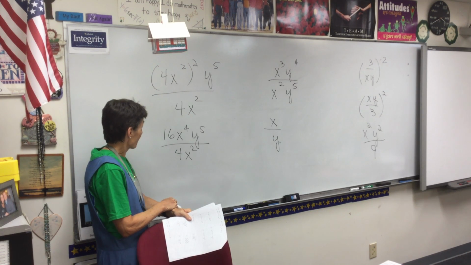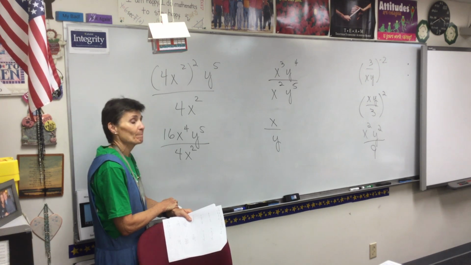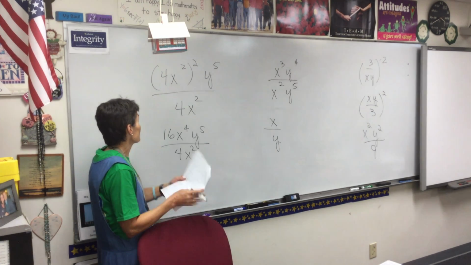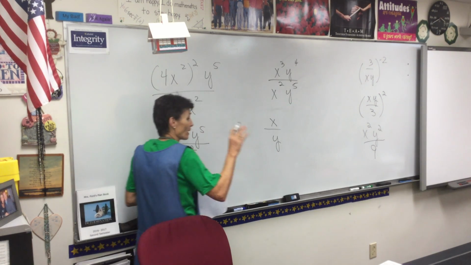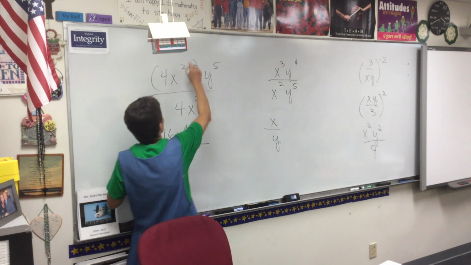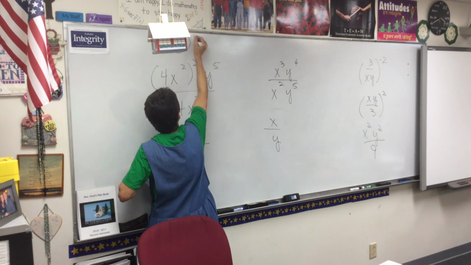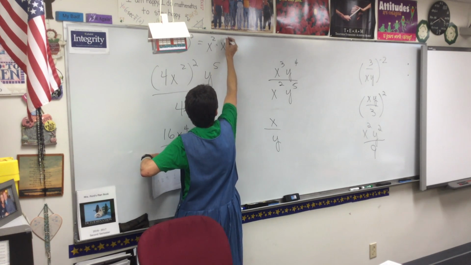Jacob? When we apply the square, do we multiply that? Yep, the exponents get multiplied. Because if you think about it for a minute, Jacob, and this is what I really want you all, in the perfect world, to do. You would say x squared squared means x squared times x squared, right?